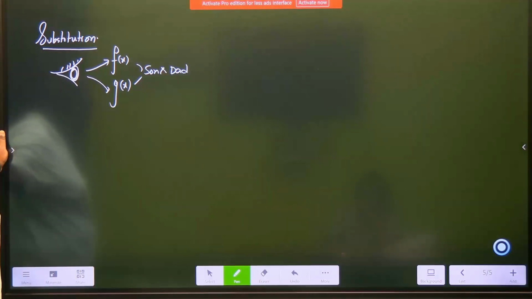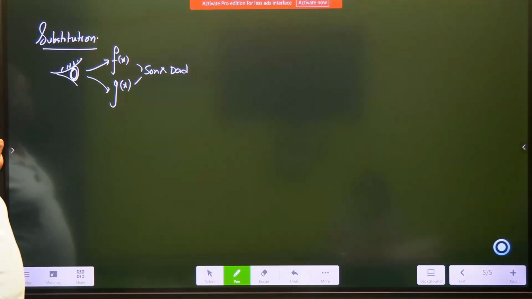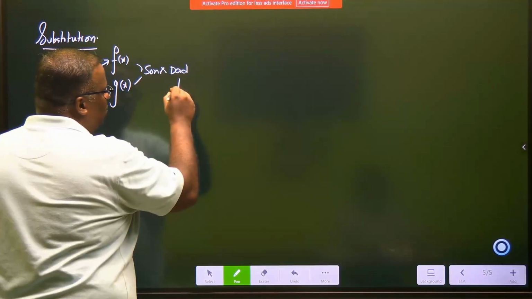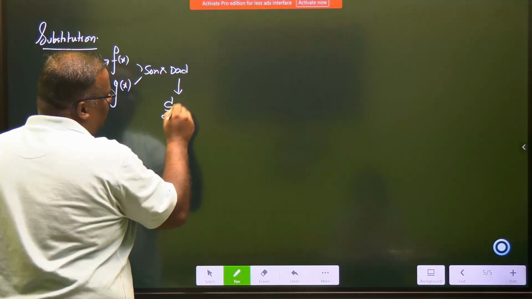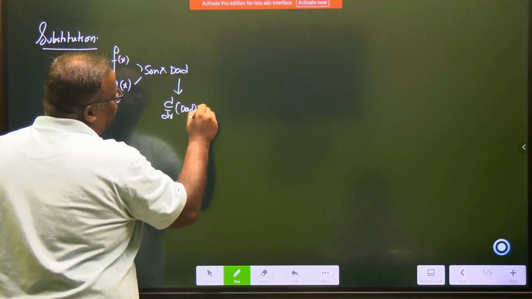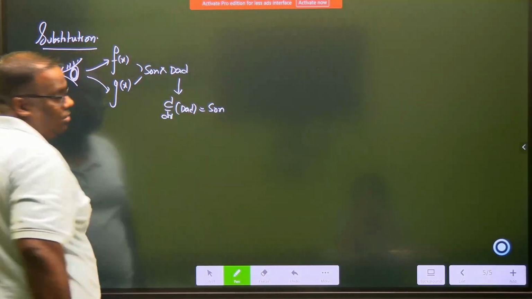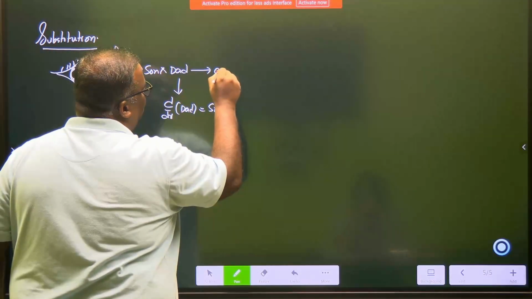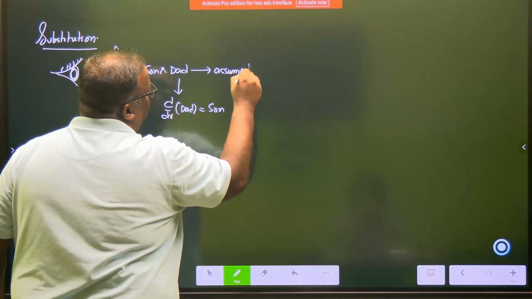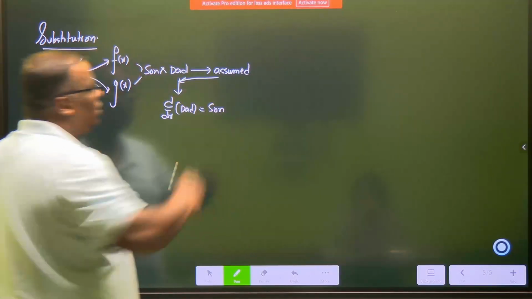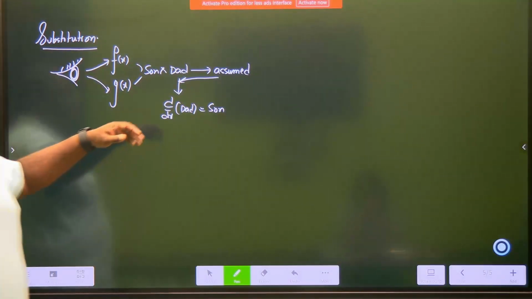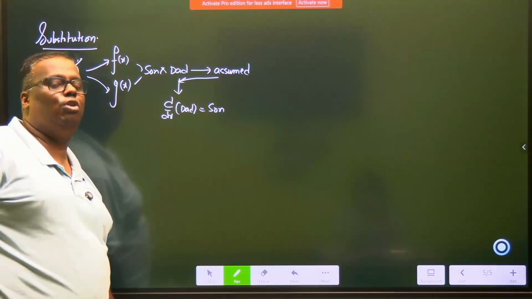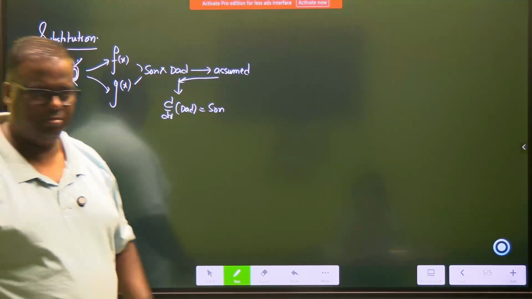Directly, or you might have to tweak something, but you will discover a son and a dad. Such that if you differentiate the dad, then what do you get? You will get the son, right? And the dad will be assumed for something, and after that you will differentiate the dad, you will get the son. So the son, ultimately with this process, will come into one of your known formula formats, right?